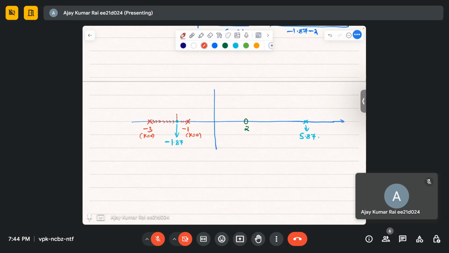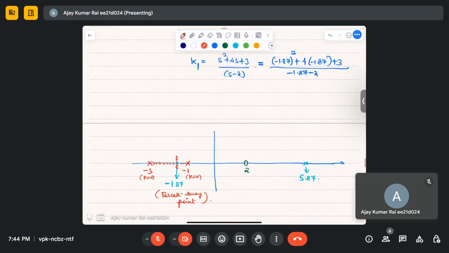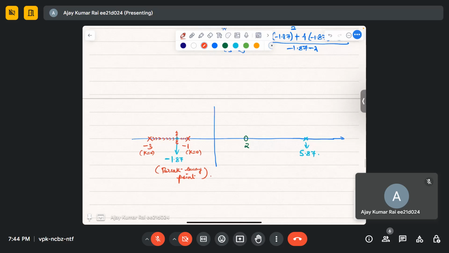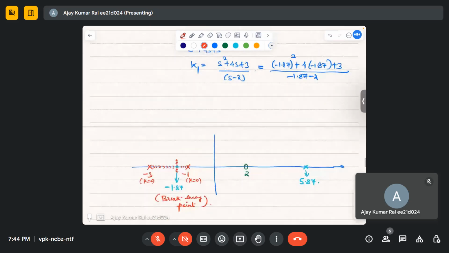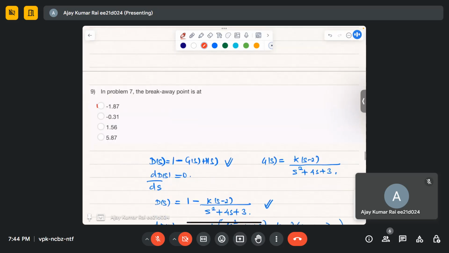And notice this, when this happens, this is the breakaway point, right? So this is breakaway. So the answer to this question is, breakaway point is -1.87.